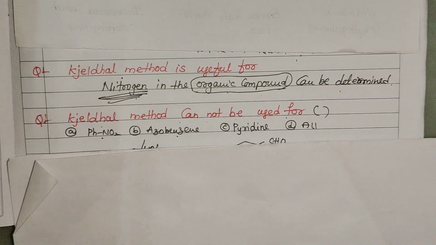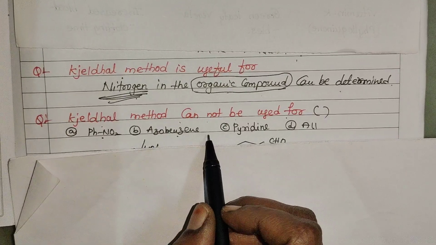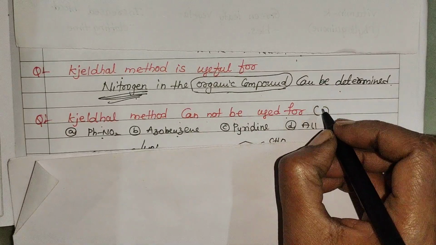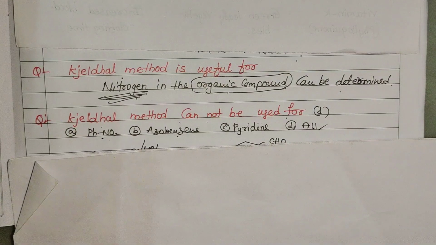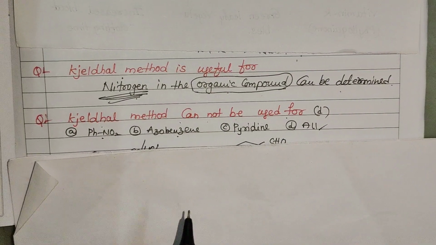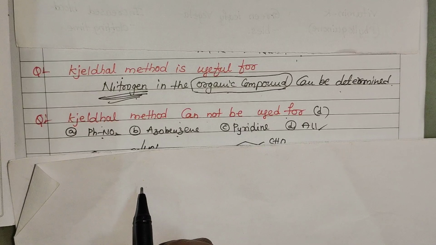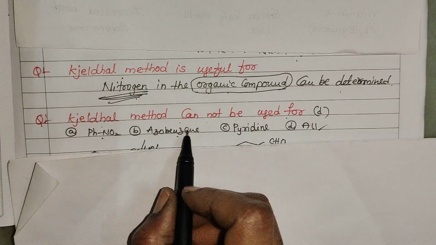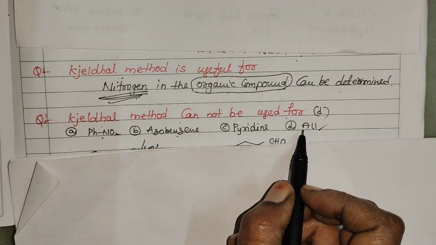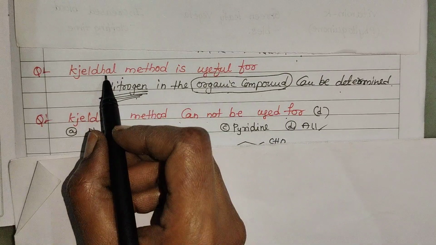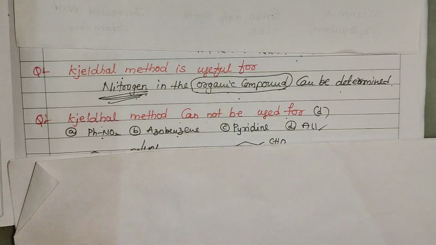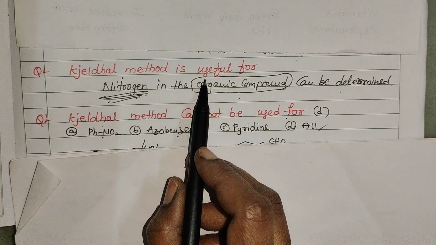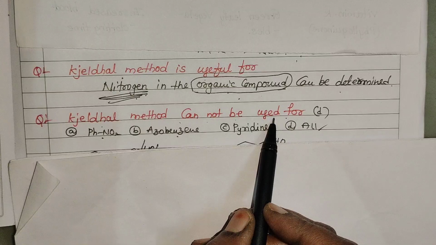These kinds of compounds, Kjeldahl method is not used for. Better remember properly. Where we use this is for nitrogen determination in organic compounds. Here, used for and not used for, this question.